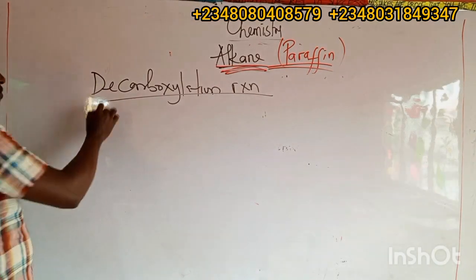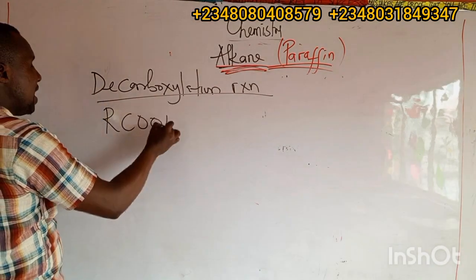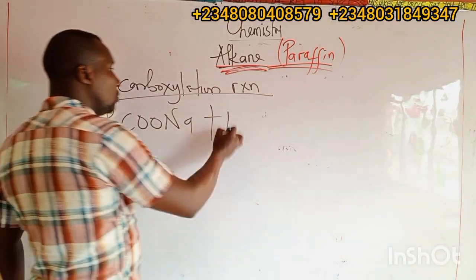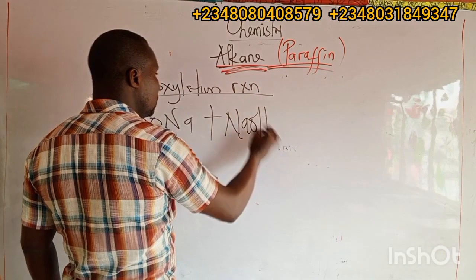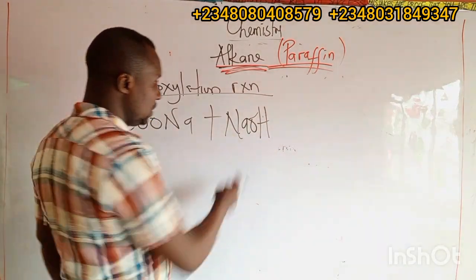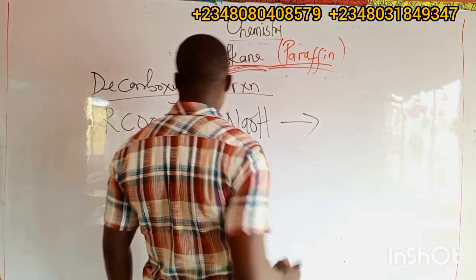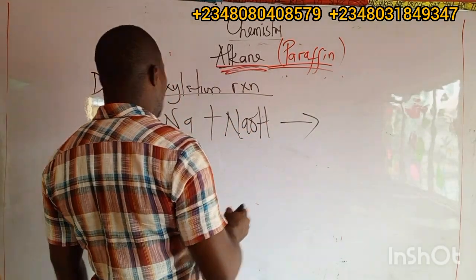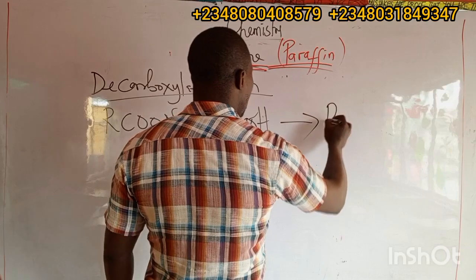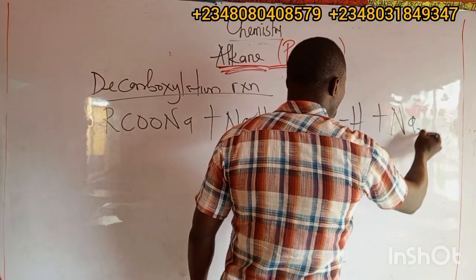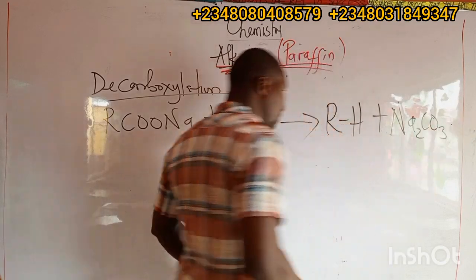When you have RCOONa plus sodium hydroxide from soda lime, this is soda lime, sodium hydroxide from soda lime, what will be given is RH plus Na2CO3. Take note of that.